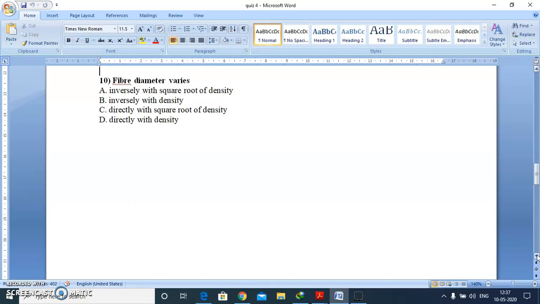For a given linear density, the fiber diameter varies inversely with square root of density, because we all know that density is equal to linear density upon area. So if the linear density is constant and area is considered as circular cross-sectional area, diameter will be inversely proportional to square root of density.